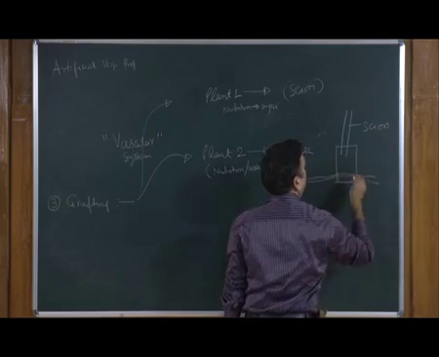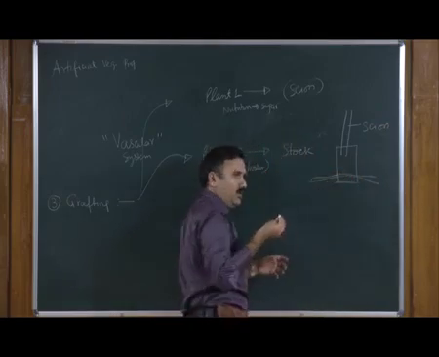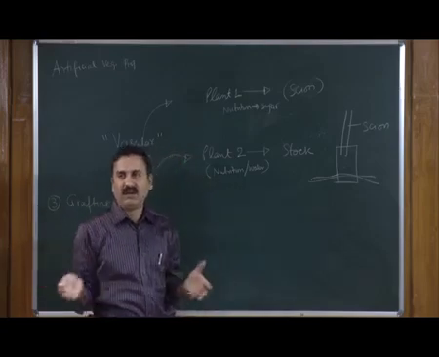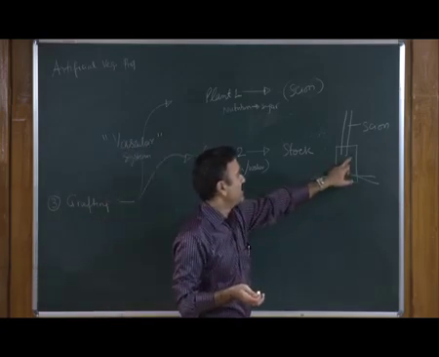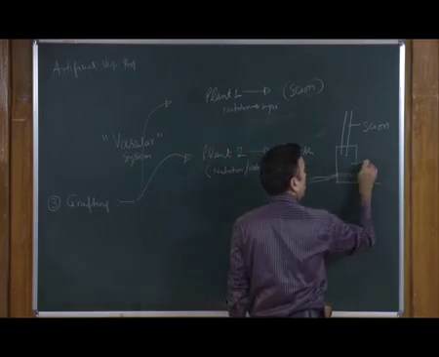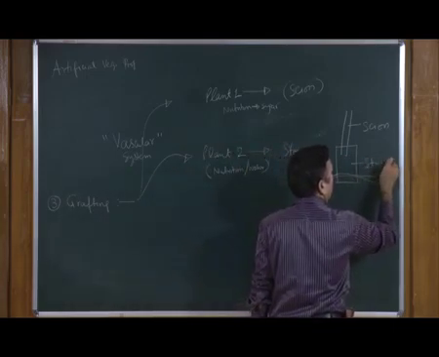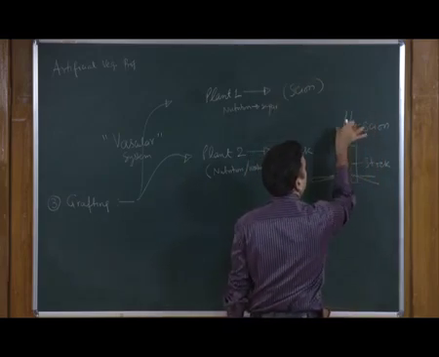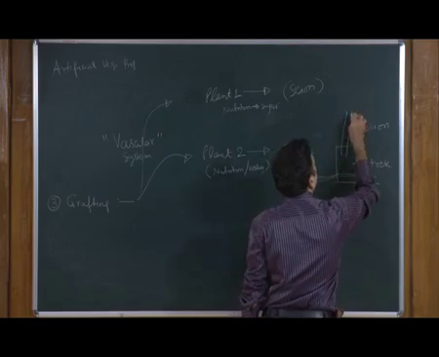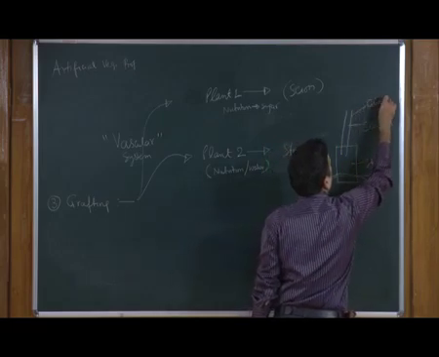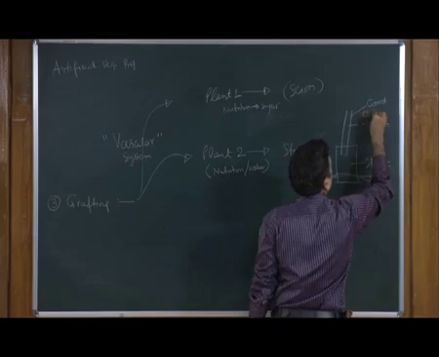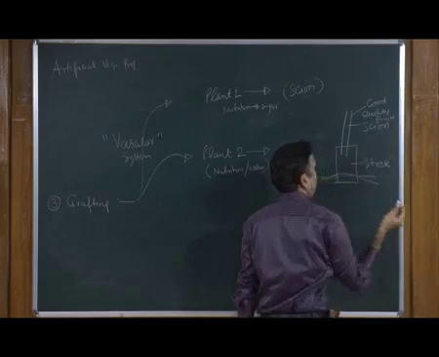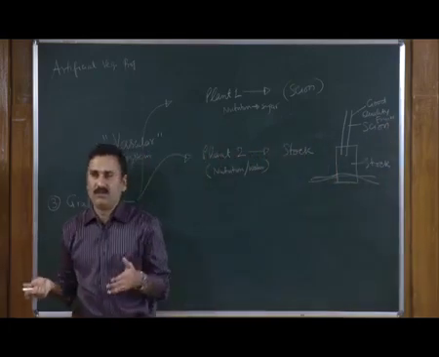Since this stock is good in providing water as well as natural resources like minerals, but the fruit coming from the stock is not of very high quality, you take another plant as a scion and put it onto this stock, and that will give you good quality fruits. A classical example is the different varieties of mangoes.